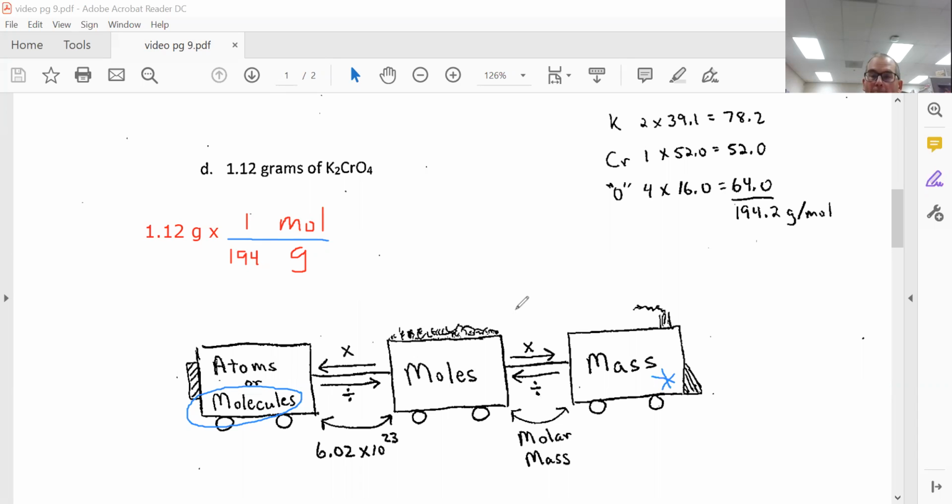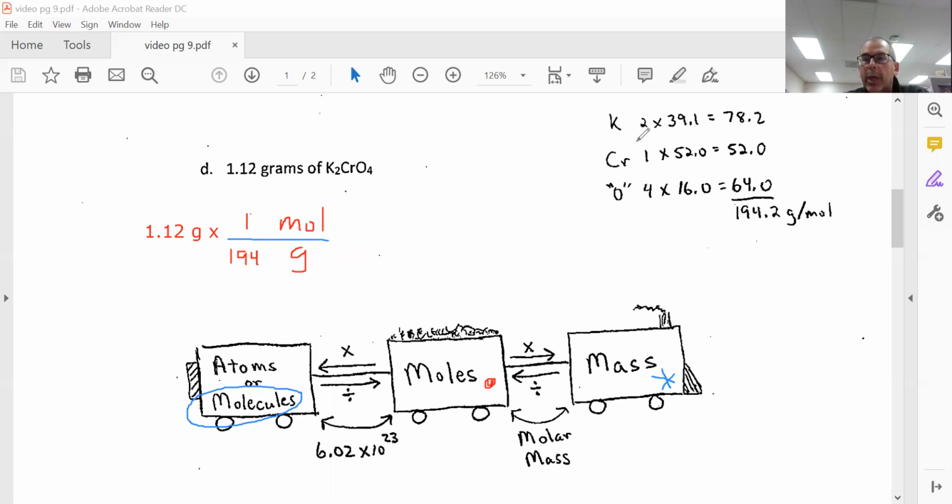Whenever I do a conversion from grams to moles, it's always 1 mole, and then the molar mass goes by the grams. I'm coming from grams and going to moles, so grams goes on the bottom, moles goes on the top. So going from grams to moles, which is kind of our midpoint right here, is dividing by the molar mass. I take 1.12 divided by 194, and then I get to moles.